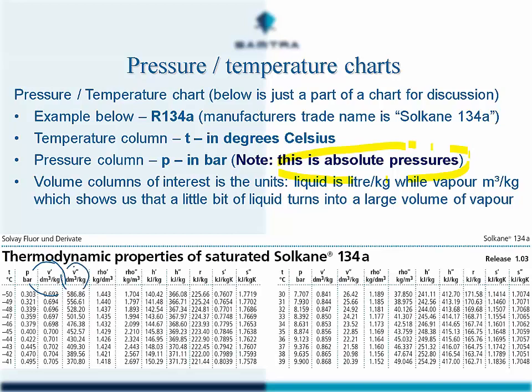And then this next column here being a volume of vapor, also decimeters cubed, but you can see the number is fairly huge. So we have 0.6 liters in volume of liquid, and then we have 586 liters in the volume of the vapor. So this just means that a little bit of liquid makes a large volume of vapor. So you can get an idea now of the different diameters of the pipes in a refrigeration system.